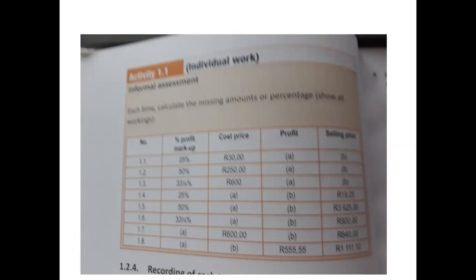So that means you're going to multiply it with 100 divided by 175. Why 175? Because the profit percentage is 75%. And then you will get an answer of 2,071 Rand and 43 cents. So that will be your cost price.